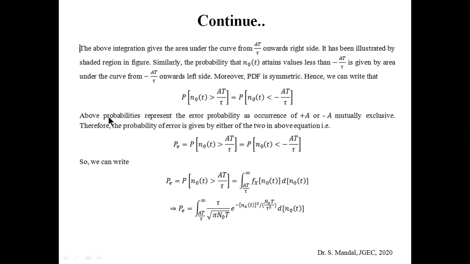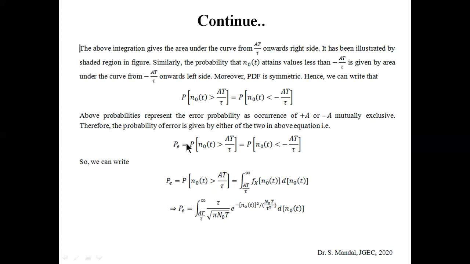Whenever n_0(t) takes a value greater than AT by tau, or less than minus AT by tau, there will be an error in the corresponding signal at the receiver end. So this is nothing but the probability of error.